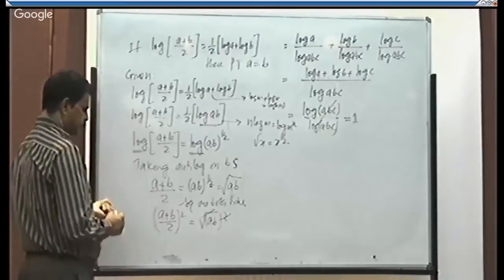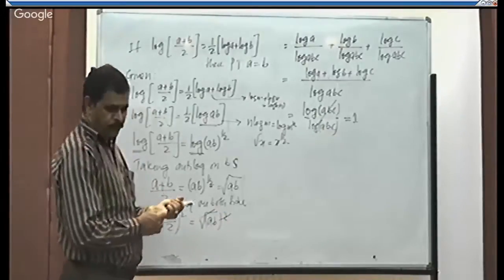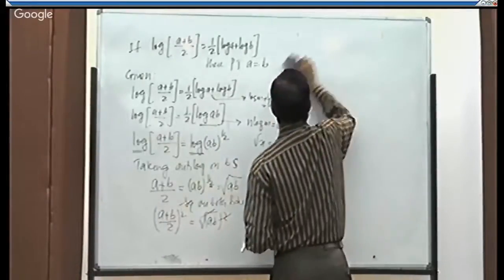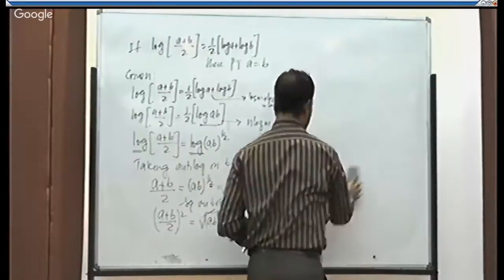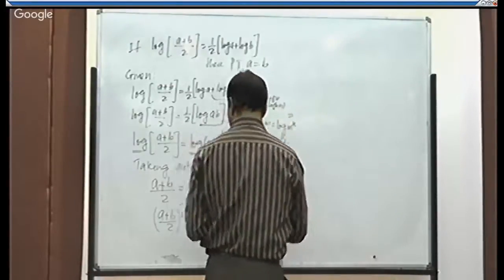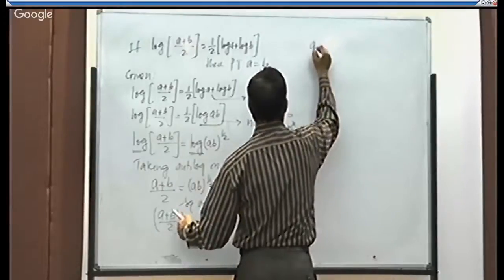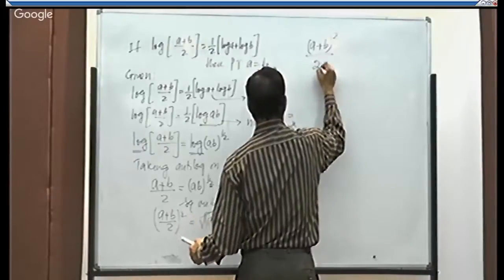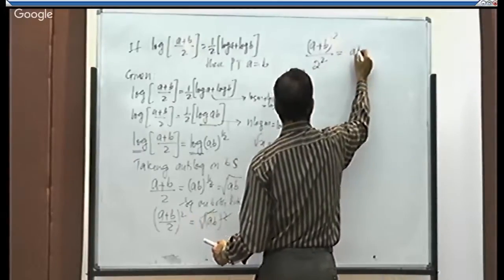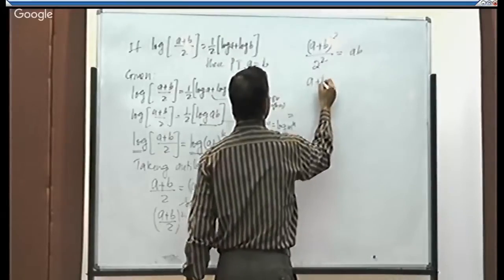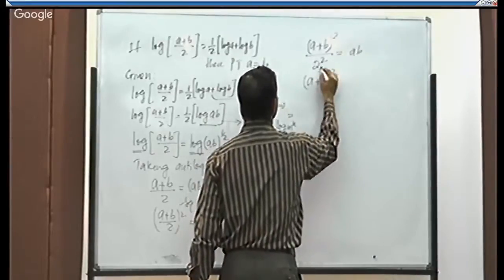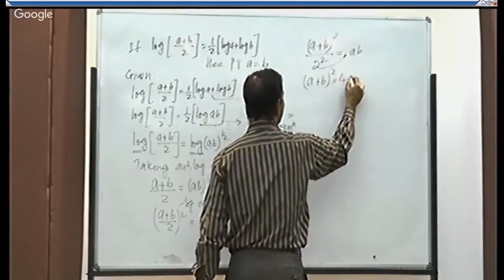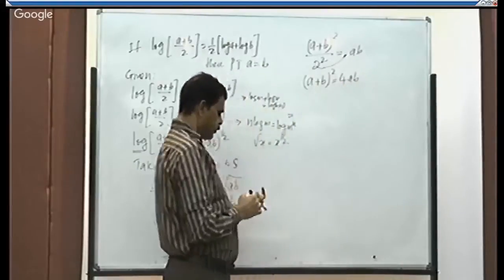The square root gets cancelled. On the left hand side, take the square of both numerator and denominator: (A plus B) whole square divided by 2 square is equal to AB. Cross multiply: (A plus B) whole square is equal to 4AB, since 2 square is 4.